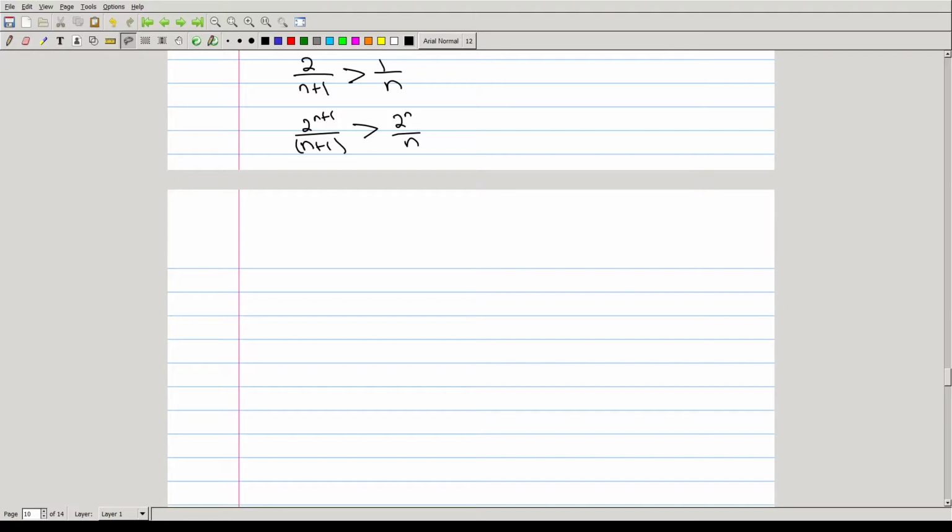And the key thing to think about here is that because the logarithm, if a is strictly less than b, then the logarithm of a is also strictly less than the logarithm of b, because the logarithm is a strictly increasing function.